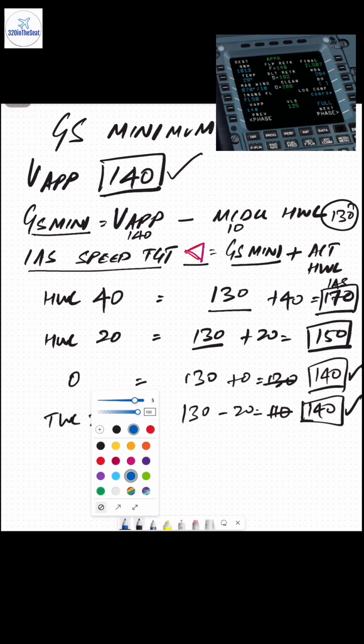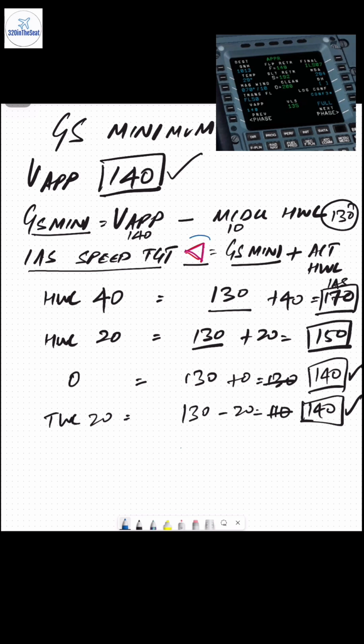So just to summarize, the whole concept of GS Mini is that it varies the managed IAS speed target as the headwinds change in order to maintain a minimum ground speed, so that minimum energy is available for the aircraft on the approach, especially when you have drastic changes in wind, to avoid the scenario that we saw in our first example of an aircraft in approach without the GS Mini function.